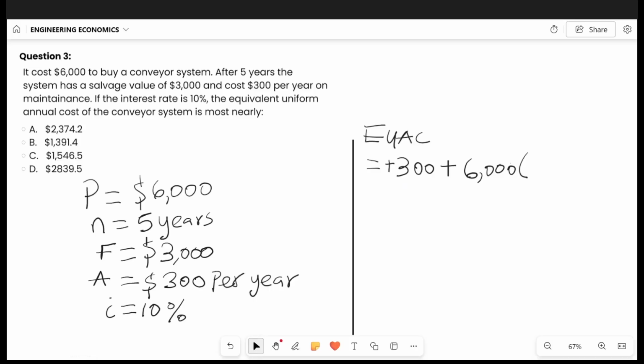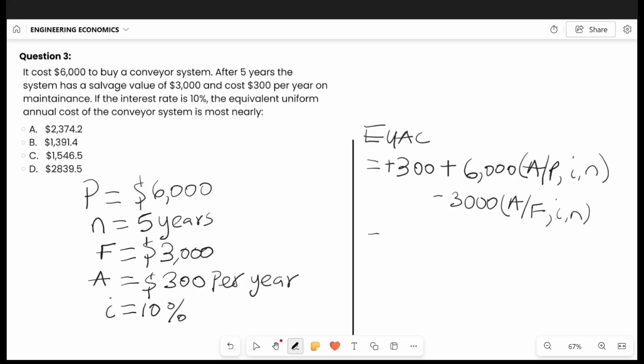So now we're going to have 6,000 to find A given P at an interest rate i for N periods, minus 3,000, open brackets, given F to find A at an interest rate i for N years. Now remember that the 3,000 is a benefit. That's the salvage value. Salvage value is always a benefit because it's money coming in.